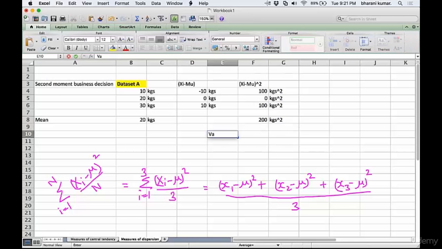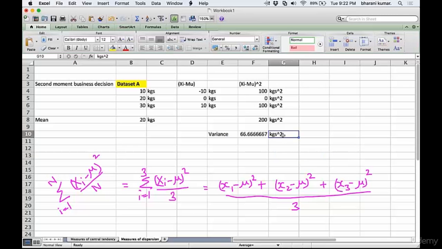Now, if you want to calculate variance, it is nothing but summation of all these three values divided by 3. So it will be 200 by 3, and the units will still remain as kgs square. So it is 66.6666 something kg square. Does kg square make sense?